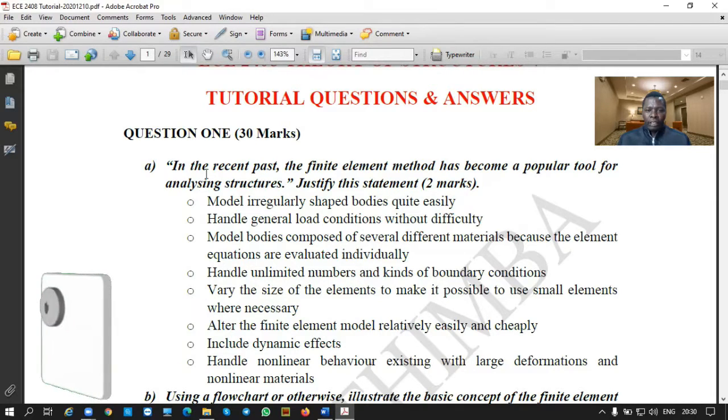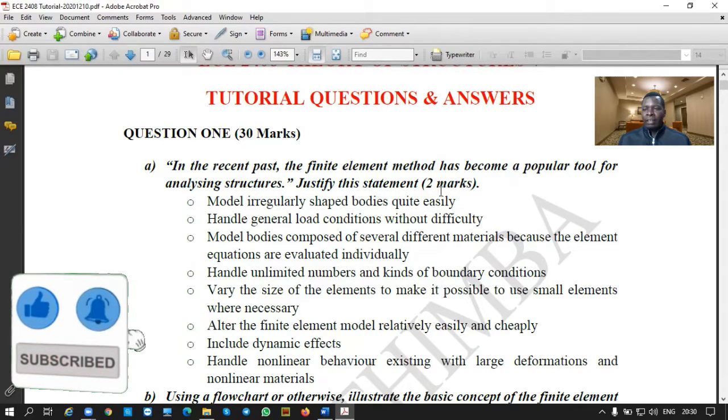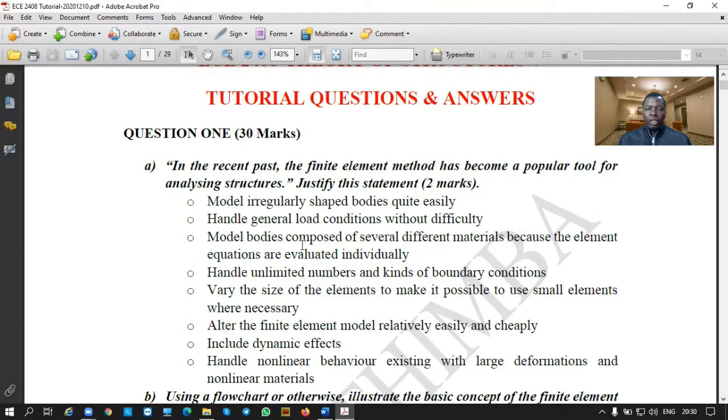Now look at this. The question was, in the recent past, the finite element method has become a popular tool for analyzing structures. Justify the statement. So the requirement is, why is the finite element method popular? We said in lesson number 1 that this method became popular from the 1960s when computers became available, because we found that there are so many equations that need to be solved.